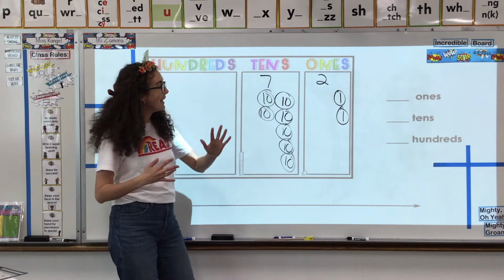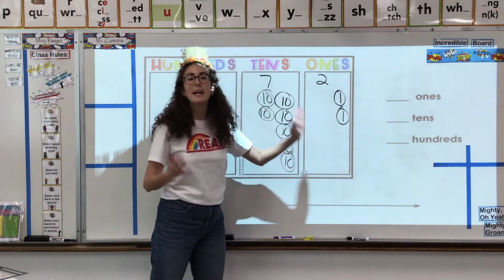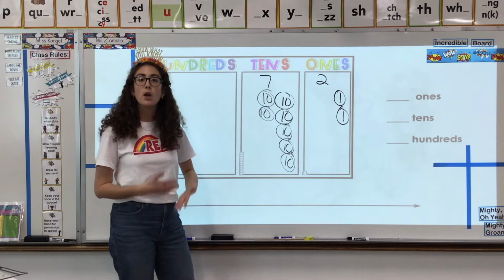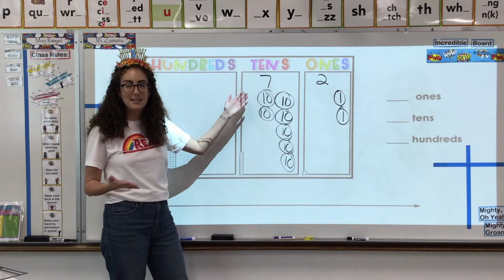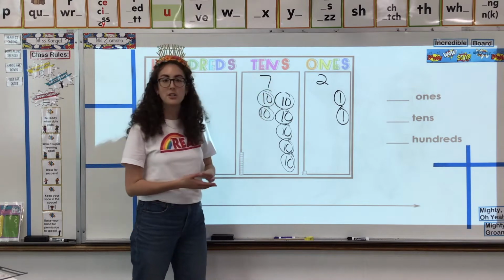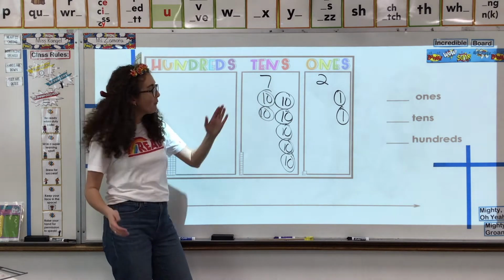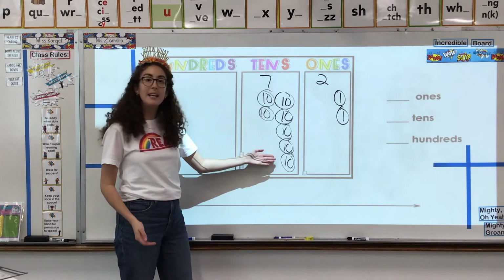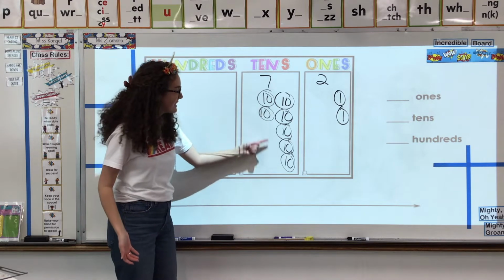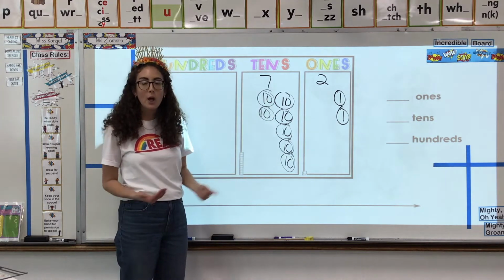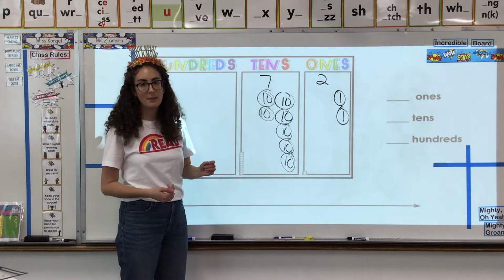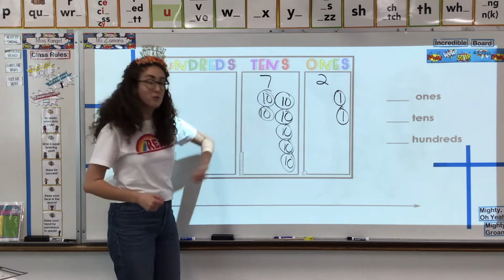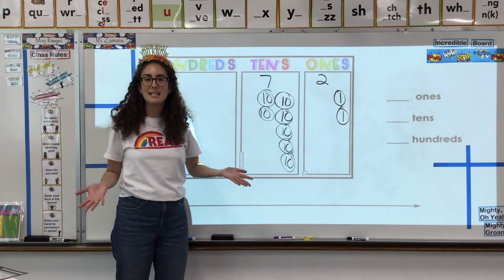So we're drawing our number 72 here on our place value chart so we can see what each digit represents, the value of each digit. And we're easily drawing a number like 7 in this 10 frame format so we can quickly tell that there's 5 and 2 in this number, or that there's 3 missing, so that number is 7.